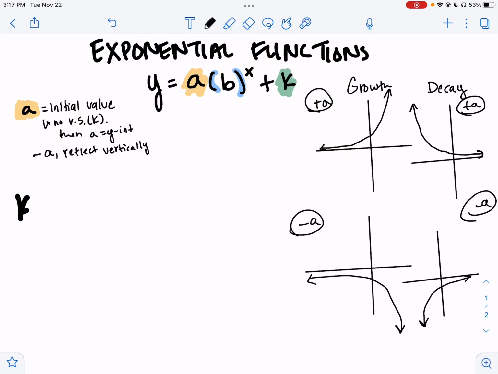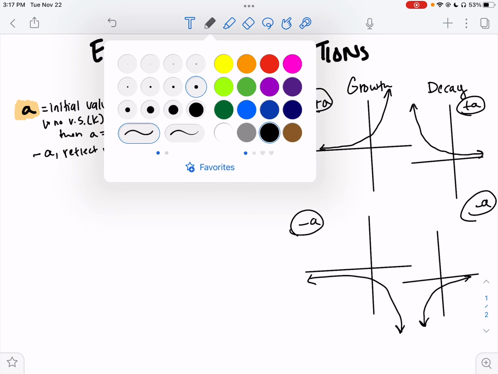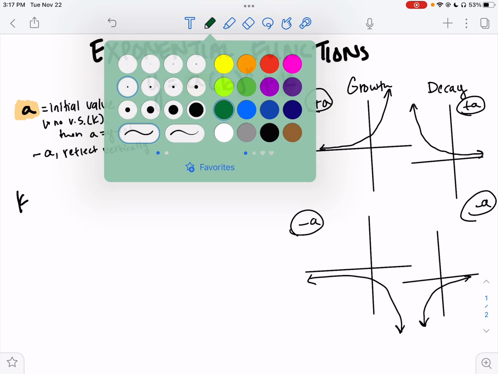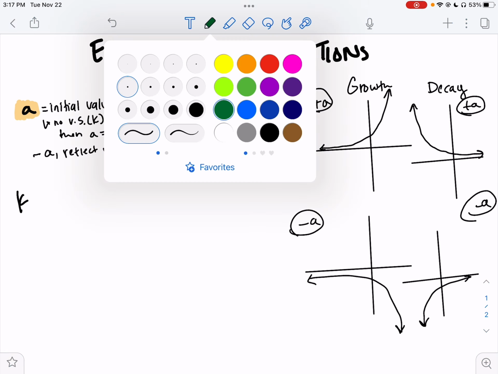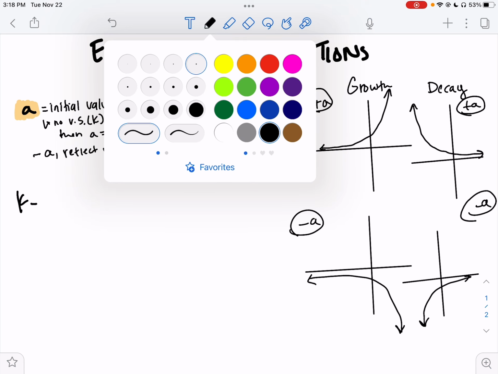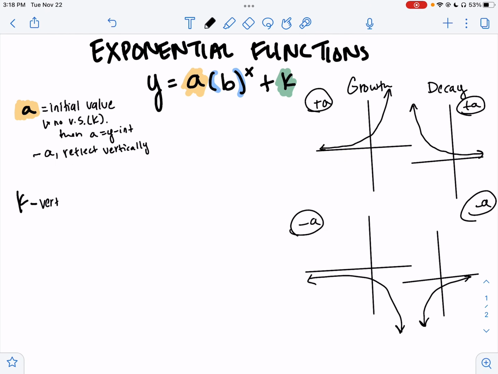The next one we want to look at is our k value. The k value, as I mentioned earlier, is going to be that vertical shift. And so what we mean by it being a vertical shift is that it can either move your graph up or it can move your graph down.